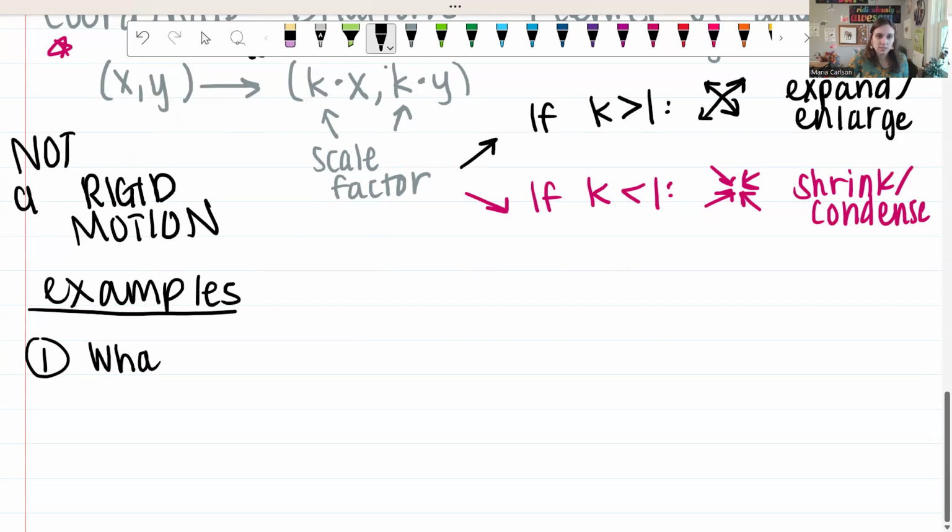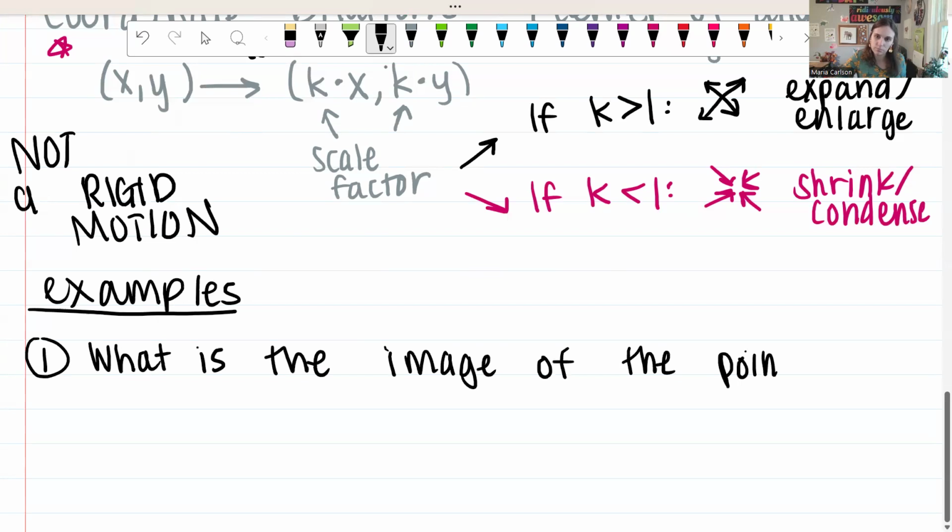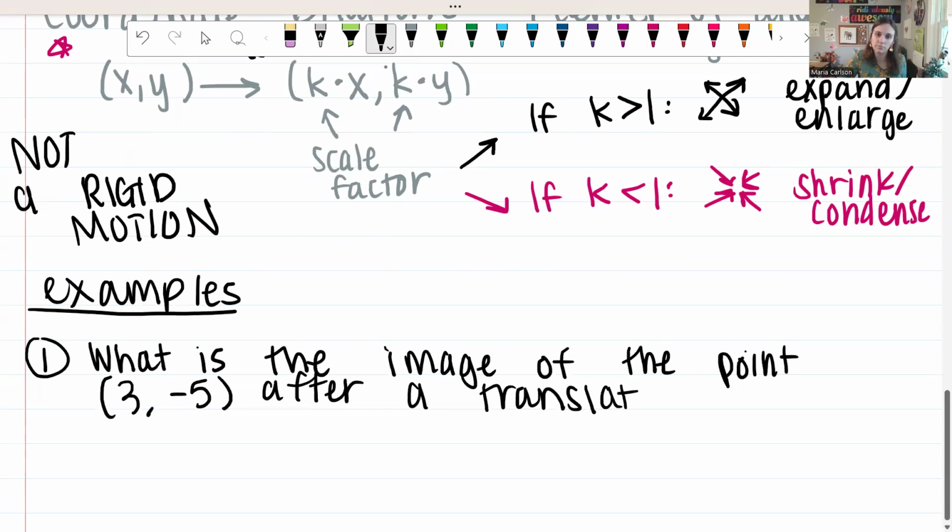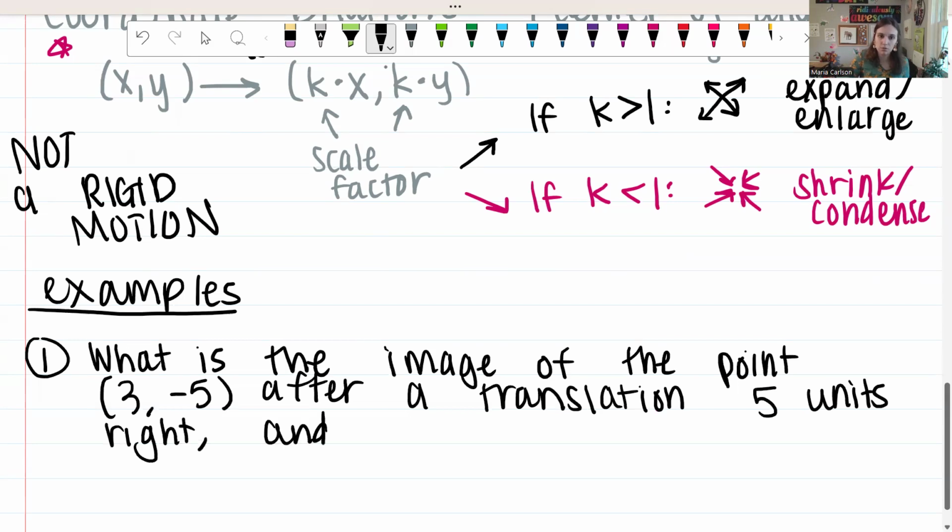What is the image of the point 3, -5 after a translation 5 units right and up 4 units?